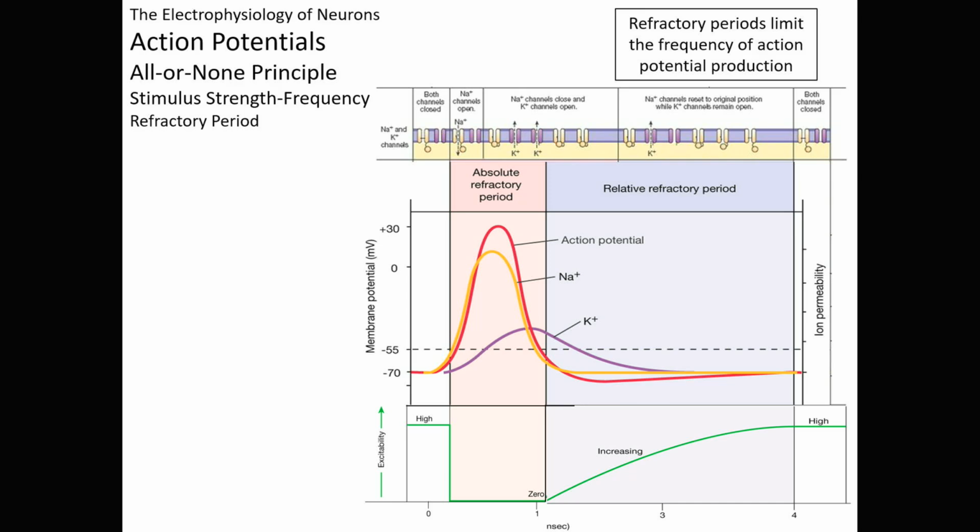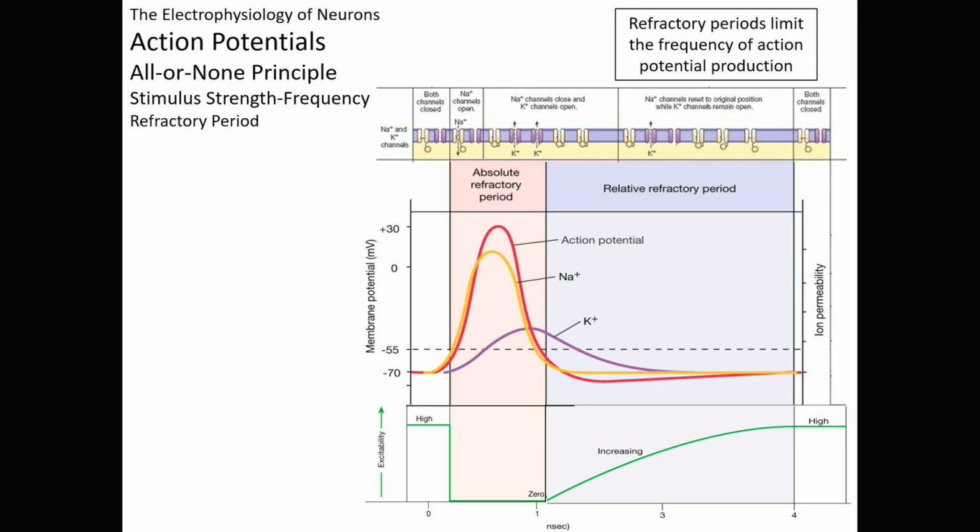So excitability returns, it goes above 0 because once you go below the threshold, the voltage-gated sodium channels go back to their closed configuration, and we can open them from that state, so we can generate another action potential now. But remember, as we discussed yesterday, the voltage-gated potassium channels are only slowly closing during this period of time.